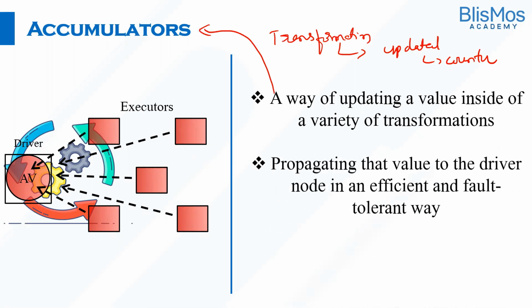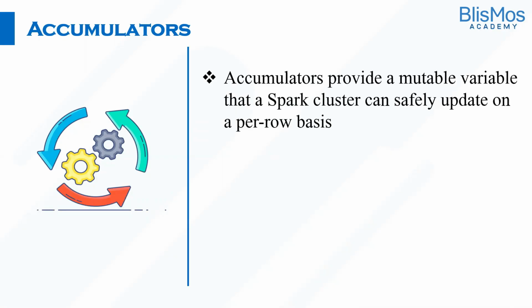Accumulators help to propagate the value inside the variety of transformations in an efficient and fault tolerant way. One of the important aspects is accumulators provide a mutable variable that Spark cluster can safely update on a per row basis. Pay attention here.